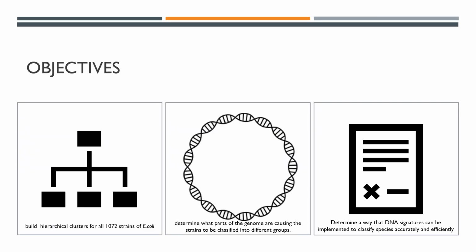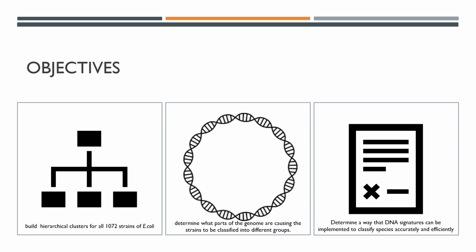The 3 objectives that will be guiding my project are, 1, to build a hierarchical cluster for all 1,072 strains of E. coli. Currently in the NCBI database, as it was updated, there are actually 1,072 strains of E. coli as compared to the 584 that there were last year. So that's almost a full double in the amount of strains.